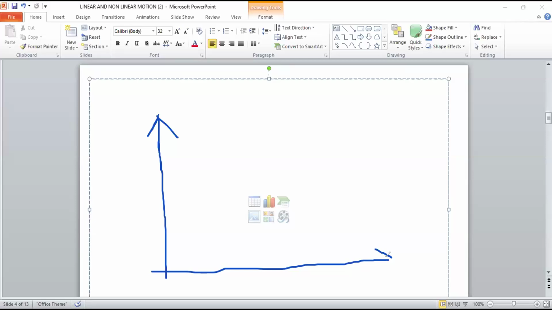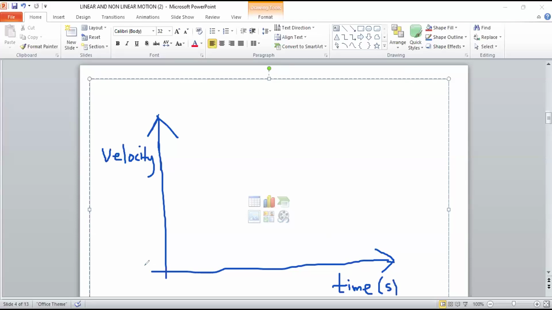So we are having velocity here. And that velocity is against time. And our time is in seconds.